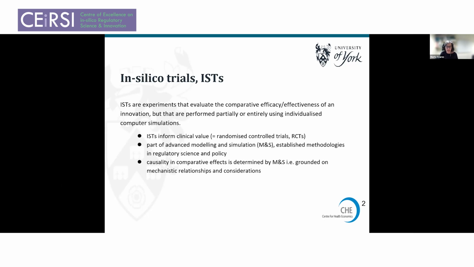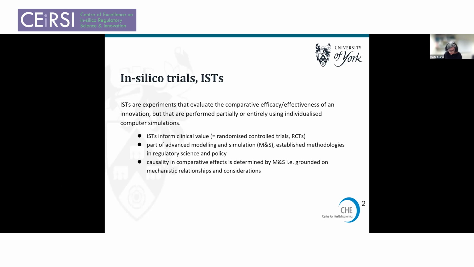This is akin to the current role that randomized controlled trials, RCTs, have in regulation and in supporting evidence for funding decisions.